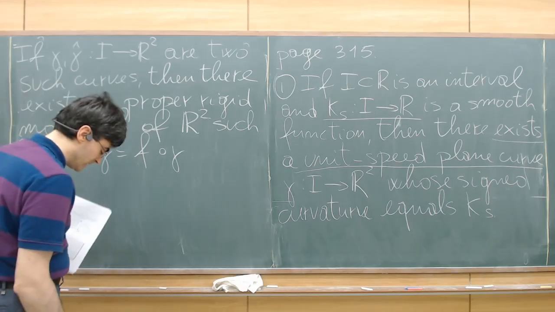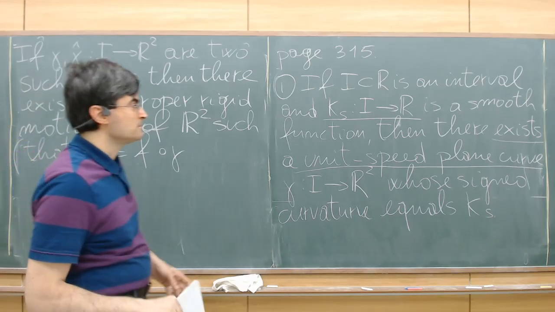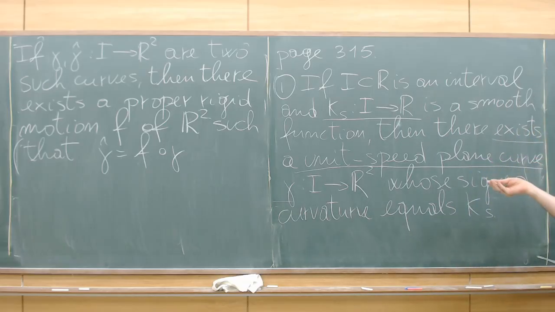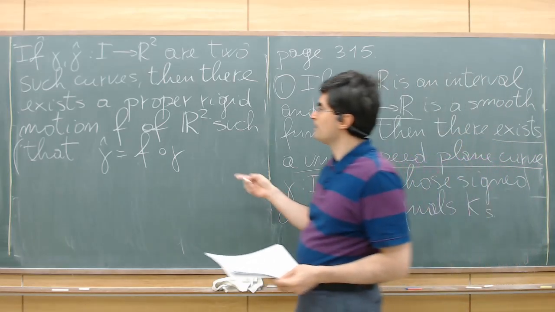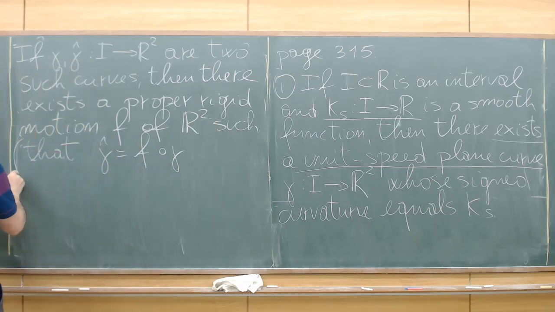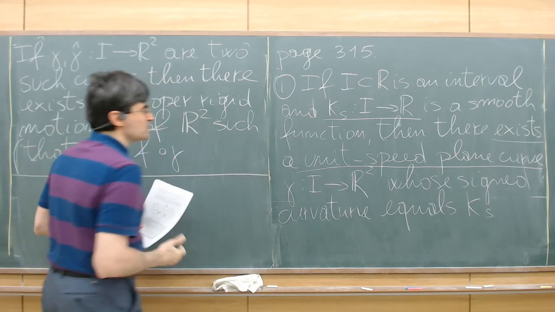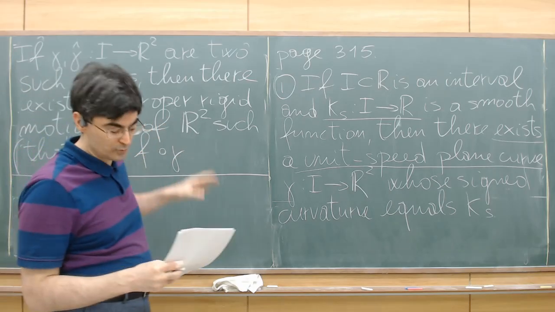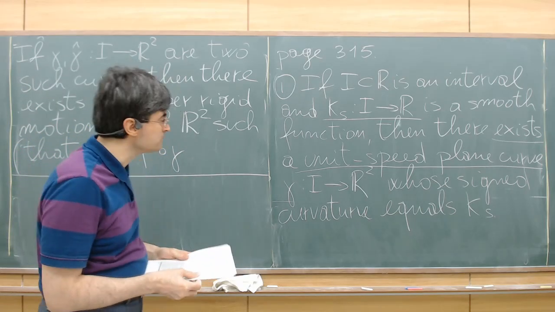So essentially we can say that we have a uniqueness result up to a proper rigid motion. So this is the fundamental theorem for plane curves that I don't prove. The proof is in the textbook.